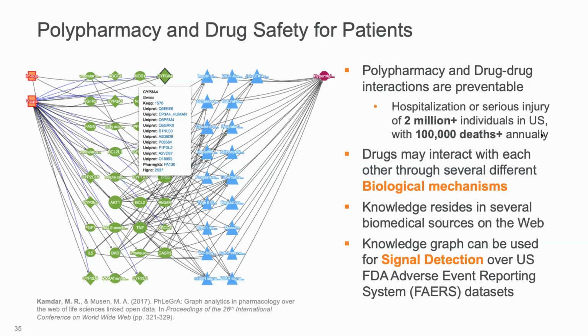So what we ended up using was the hidden conditional random field model, as well as another graph-based model, to determine such signals where two or more drugs may be interacting with each other, and the adverse reaction that may occur on account of those interactions.